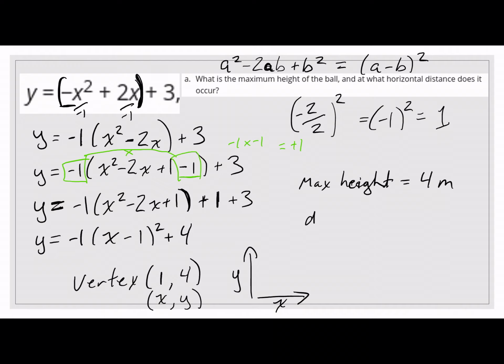And our distance is 1 meter. So after 1 meter, it is 4 meters high. So we've thrown it up a bit. It's coming down. Our max height is 1, 4.